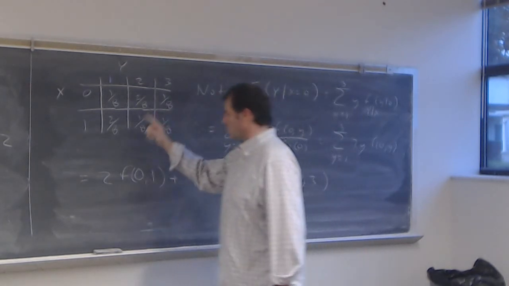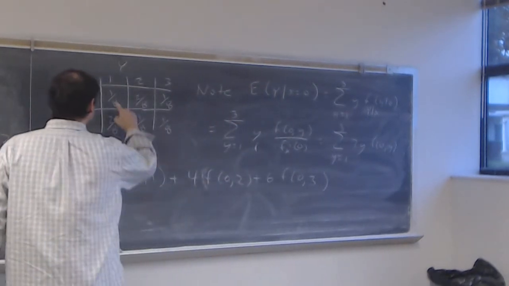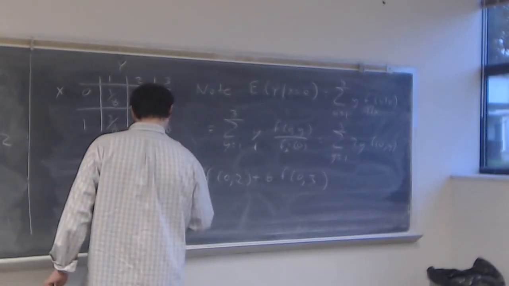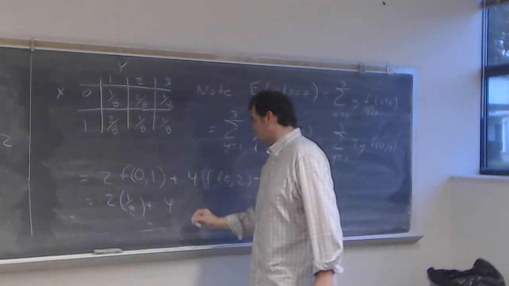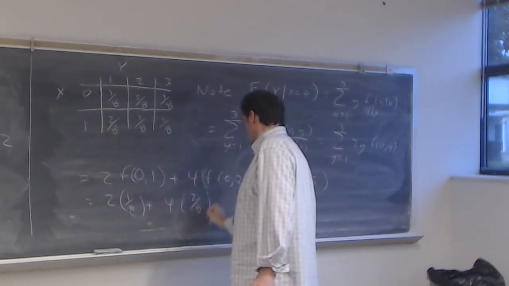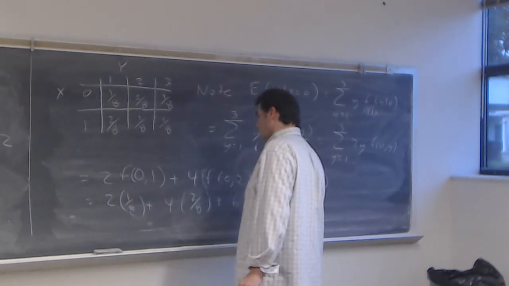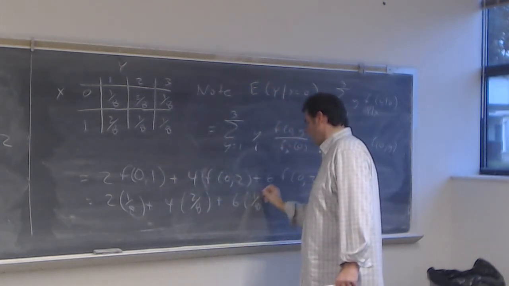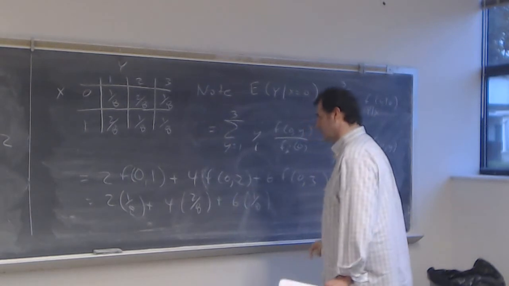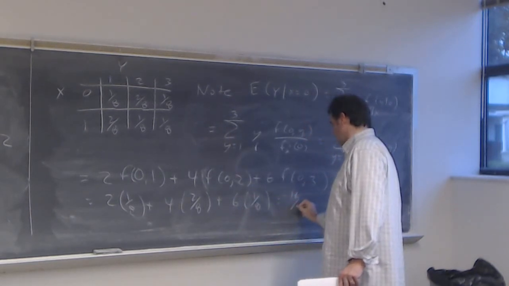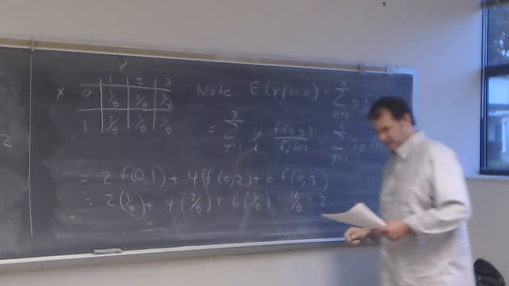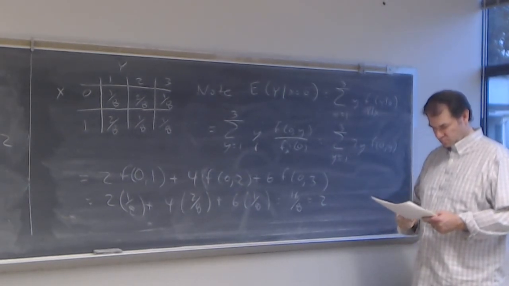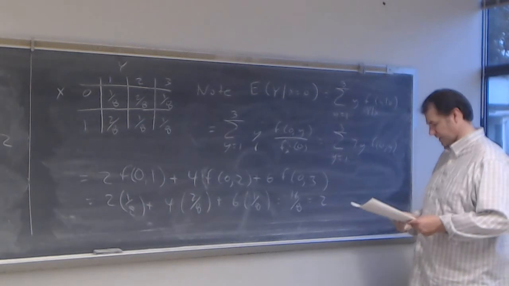And substituting numerical values here, I get 2 times f of 0, 1 is 1/8, plus 4 times f of 0, 2 is 2/8, plus 6 times f of 0, 3 is 1/8. So I get 6, 8 is 14, I get 16 over 8, that's 2. That's what I got.